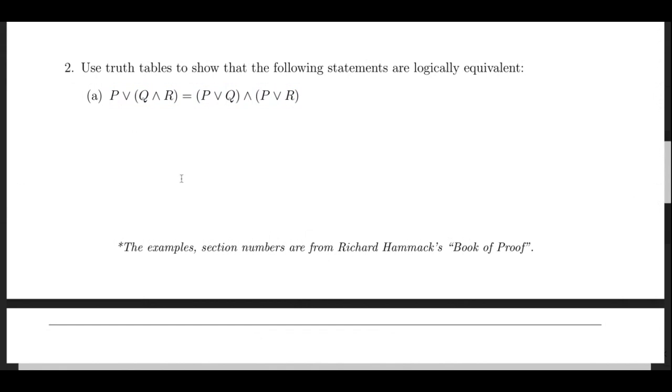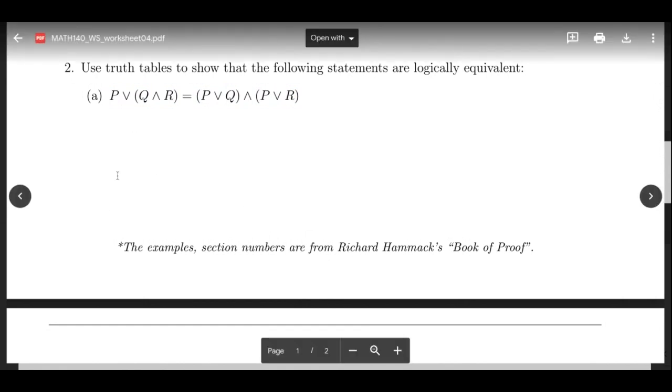So how many columns do we make? We make P, Q, R. Then we make P or Q, P or R, and Q and R. Then we make P or Q and R. And also the last one, P or Q and P or R. So how many columns? 1, 2, 3, 4, 5, 6, 7, 8.